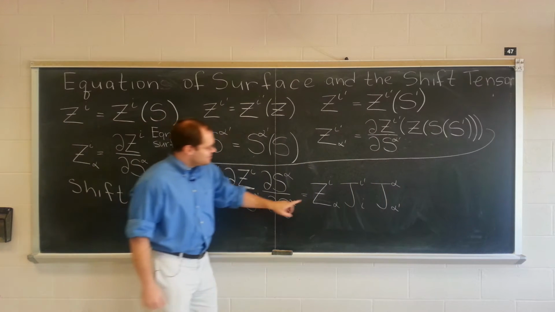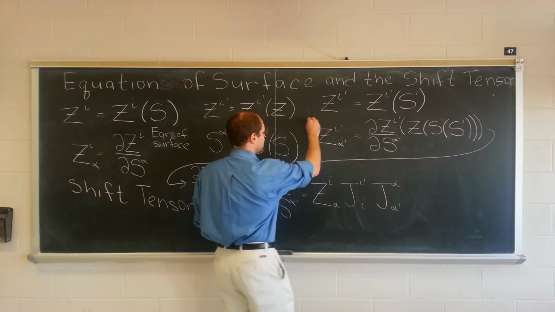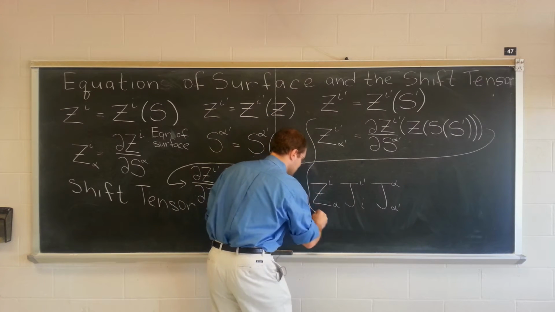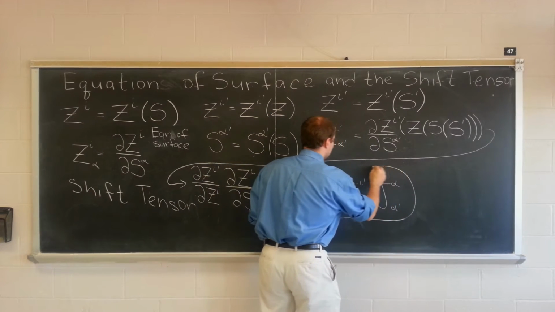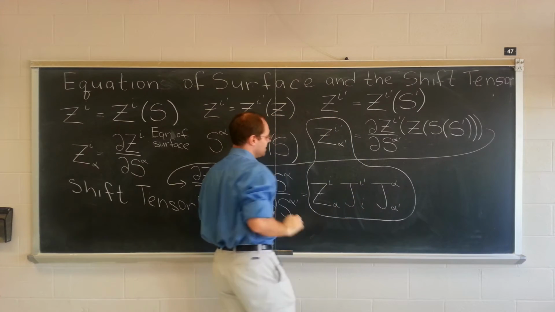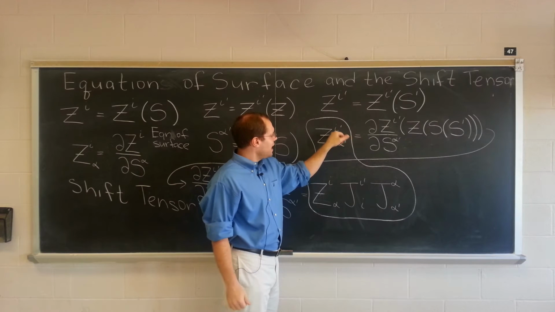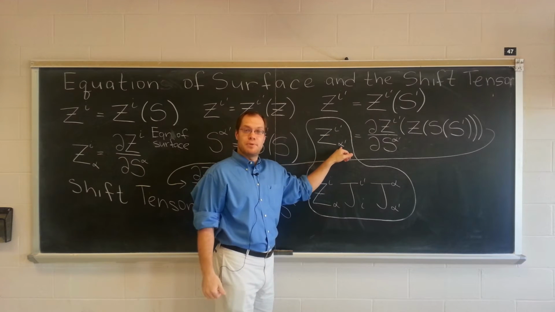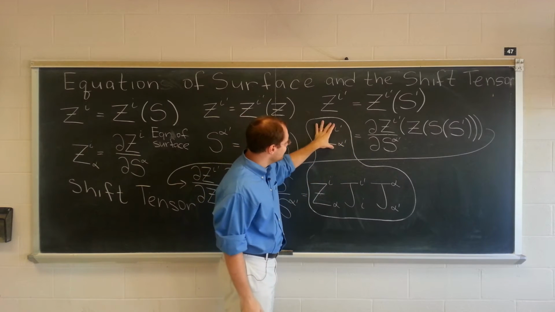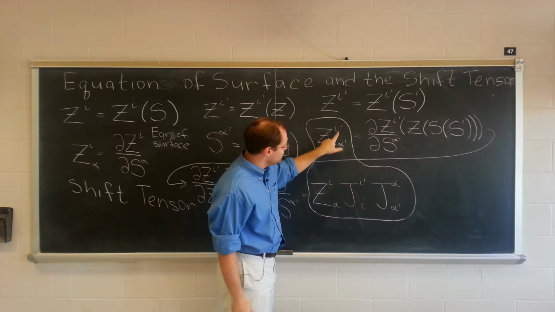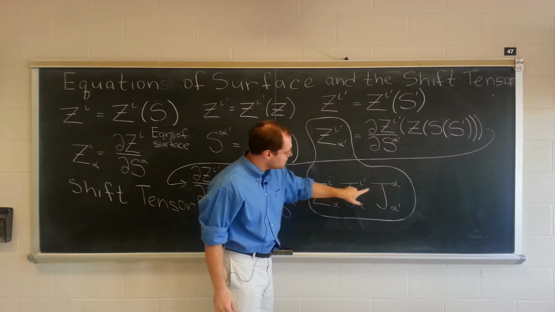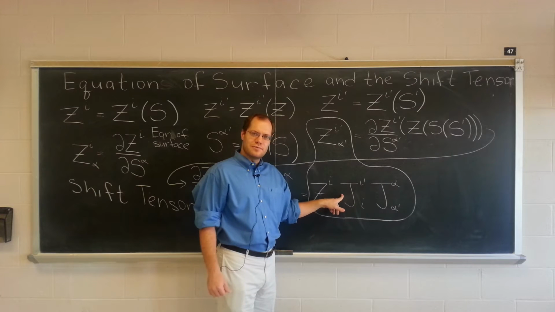So this is what it means to be a tensor. And this is where the use of the word mixed is most appropriate. It's a mixed tensor. It's a tensor with ambient as well as surface components. And it is a tensor if each of the indices transforms according to its own Jacobian.